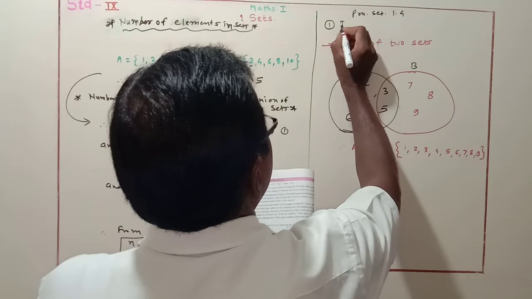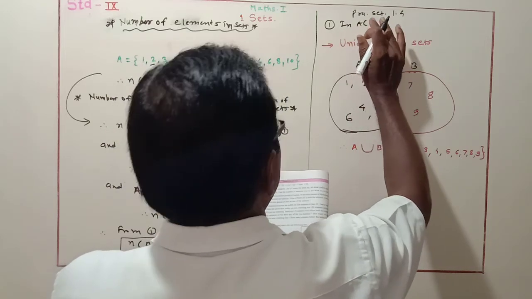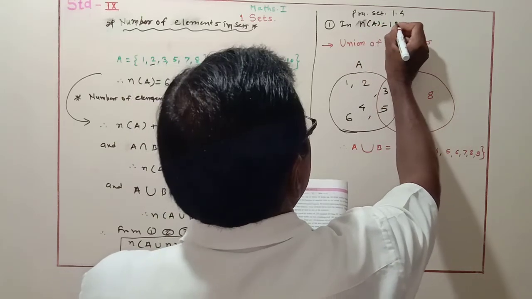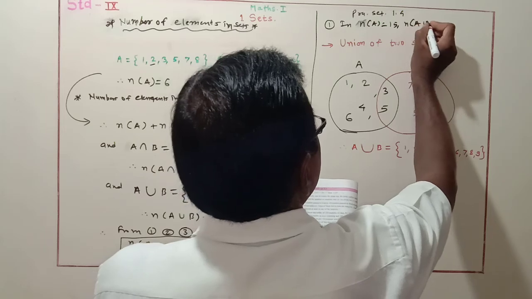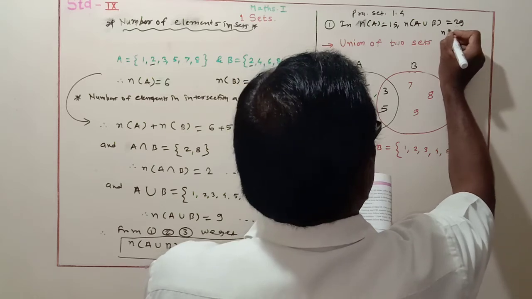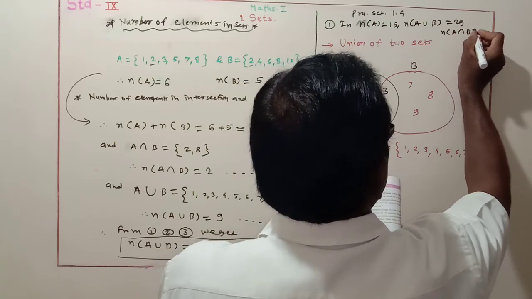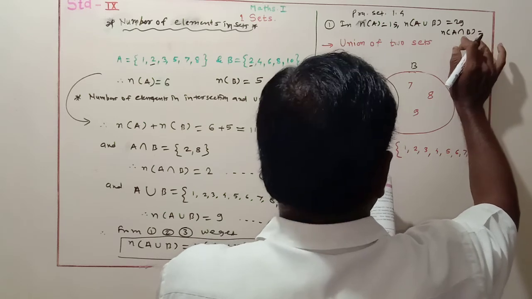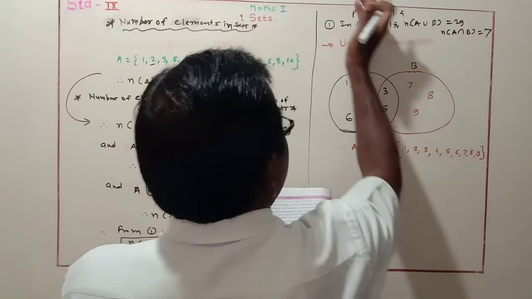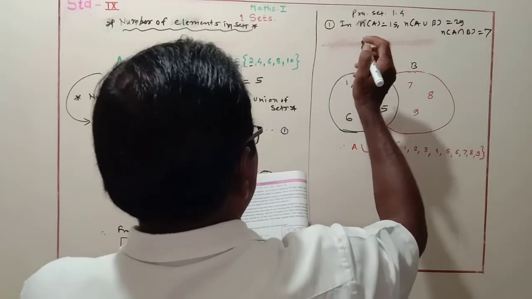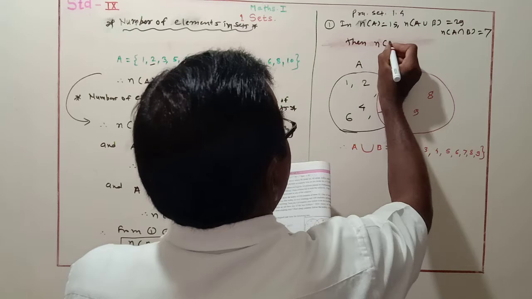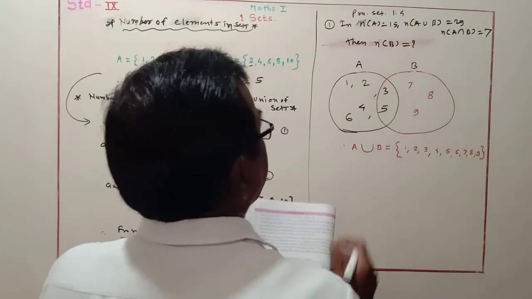The example is: if n of A is equal to 15, n of A union B is equal to 29, n of A intersection B is given 7, then find n of B is equal to question mark.